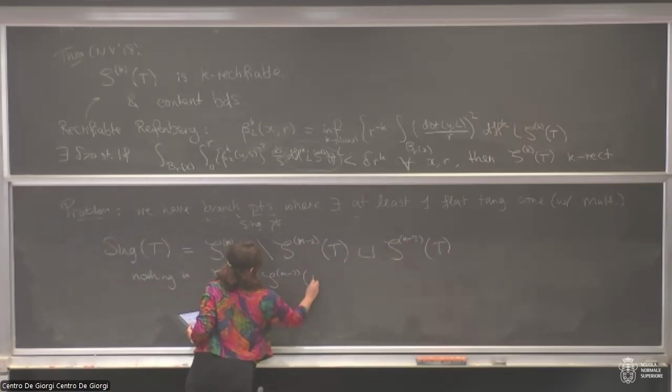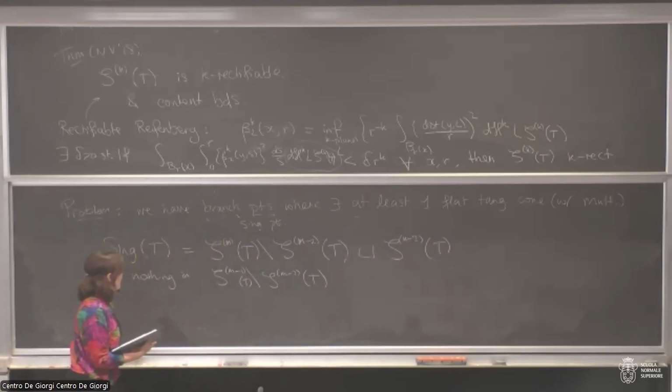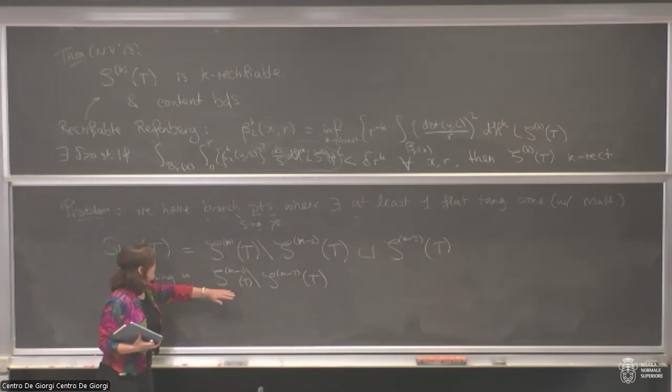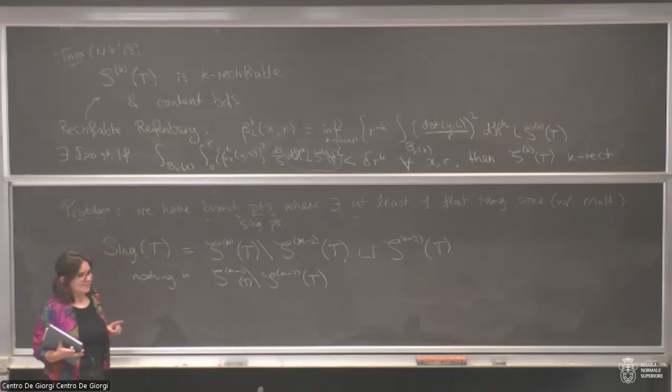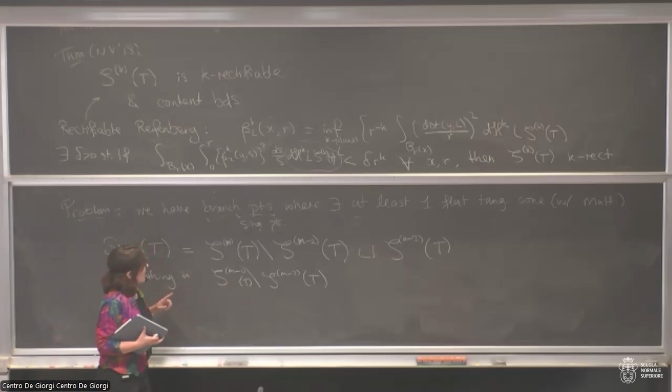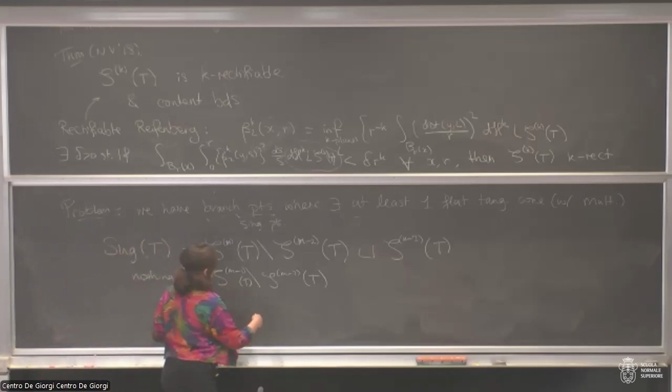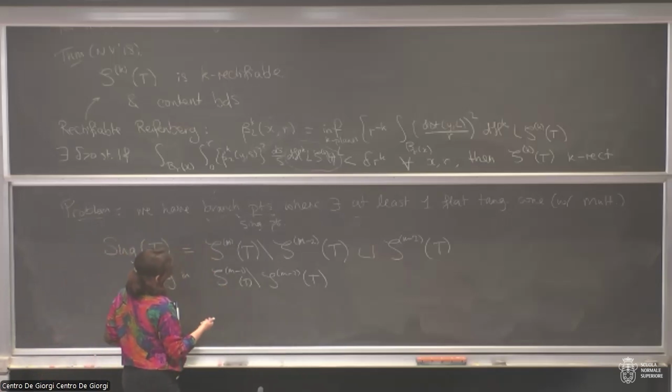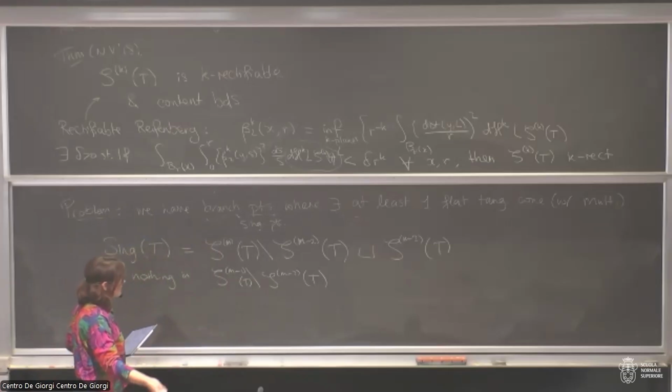And this is because there are no singular points where you have a tangent cone that splits exactly m-1 directions. Because if you had something like this, then this tangent cone would be an area minimizing cone. It would have a spine of dimension m-1. Then its cross section is a one-dimensional area minimizer.